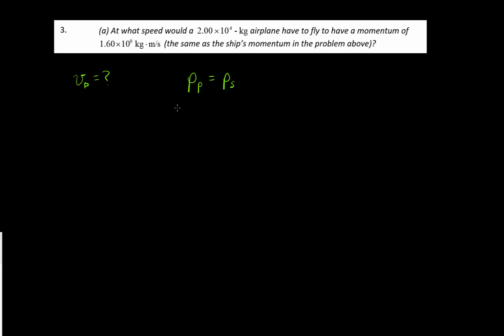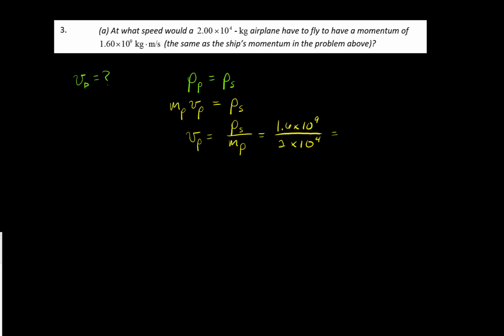So we can go ahead and start substituting. The momentum of the plane would be the mass of the plane times the velocity of the plane. We want that equal to the momentum of the ship. We're solving for the velocity, so we'll just divide. The velocity of the plane would be the momentum of the ship divided by the mass of the plane. The momentum of the ship was 1.6 times 10 to the 9th, and we divide that by the mass of the plane, which is 2 times 10 to the 4th.